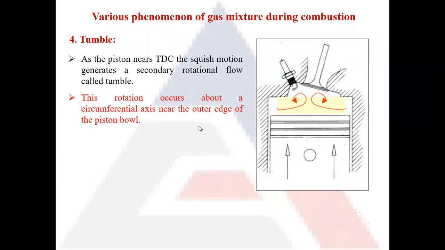So all these phenomena, that is your turbulence, swirl, squish and tumble, help in creating a homogeneous mixture of air fuel, and also help in even propagation of flame during the combustion of fuel inside the combustion chamber.